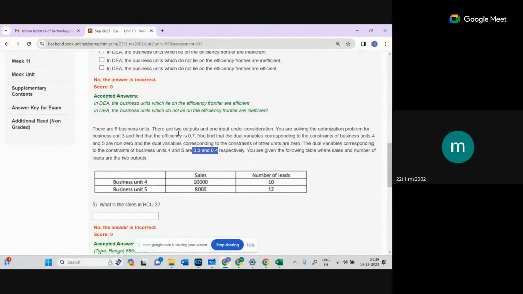In case you have 1 output and 2 input problems, generally these dual variables will add up to 1. But here, if you add 0.3 plus 0.4, it is not adding up to 1. It is coming to 0.7.